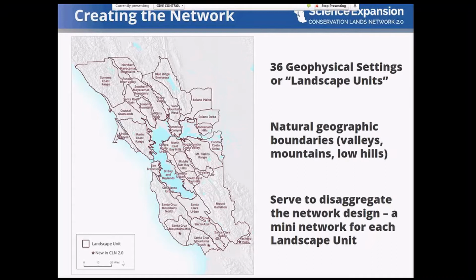And they are comprised of natural geographic areas like valleys, mountains, and low hills. And what they do is they serve to disaggregate the network design, so that as we analyze the different habitats, we're actually creating a mini network for each landscape unit. We'll talk more about that in a bit.